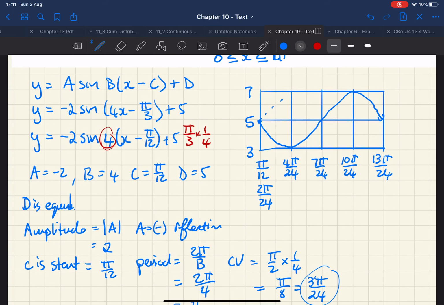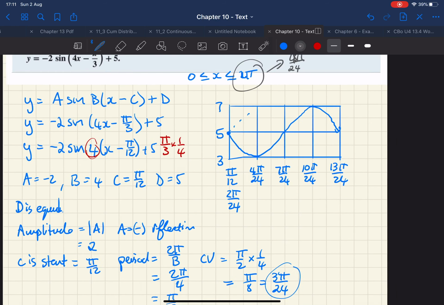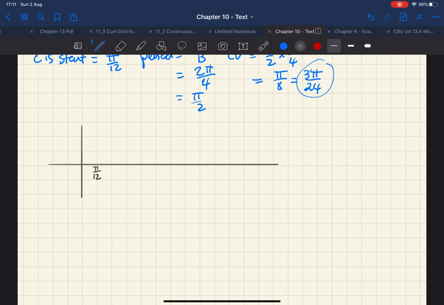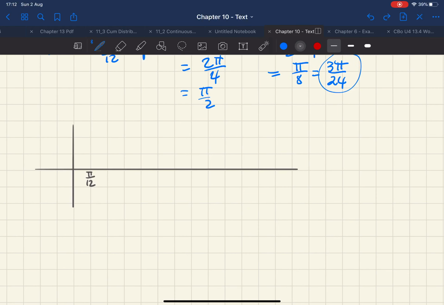If I go to 2 pi, 2 pi equals 12 pi, no it's not, it's 48 pi over 24. So I won't be able to say that each one is pi over 12. It will be too big. So pi over 12 is smaller than that.